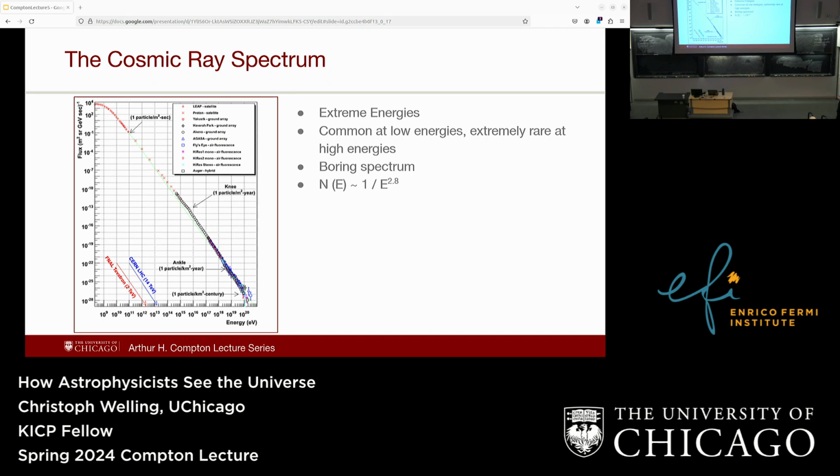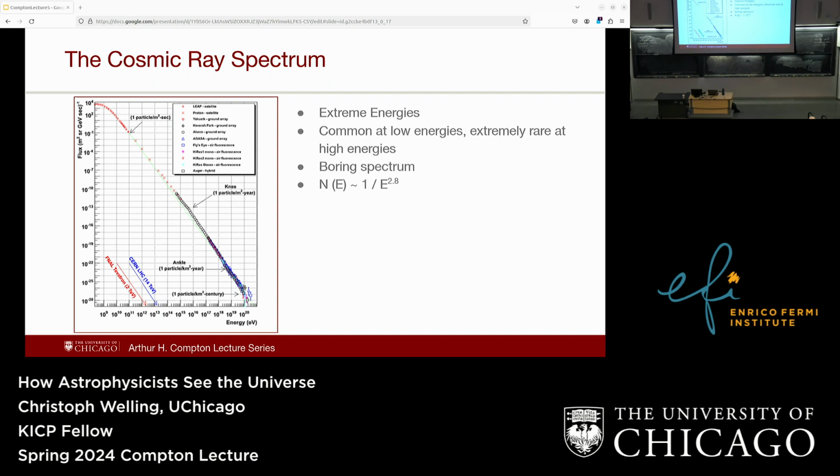There is something called the knee, which is here, where if you look very closely, you can see the line gets a little steeper. And then if you go here, this is something called the ankle, where the line gets a little less steep. But that's basically the only features we see. There are hints of a little change in the slope here, but it's really hard to see, and it's just getting to the point where it looks significant.